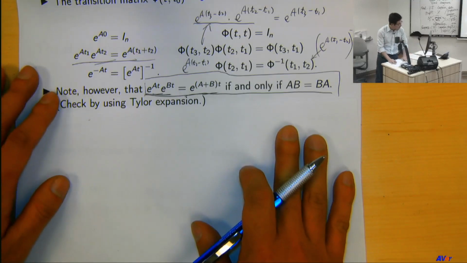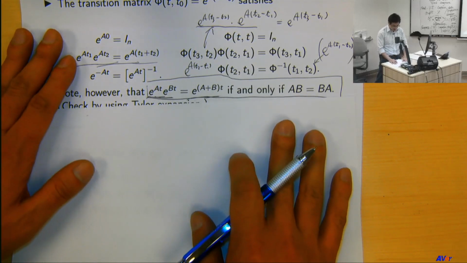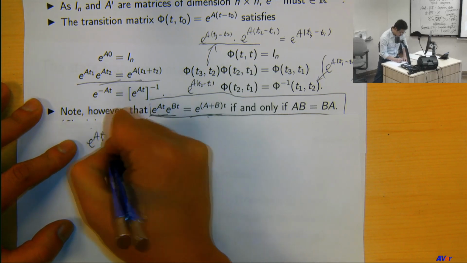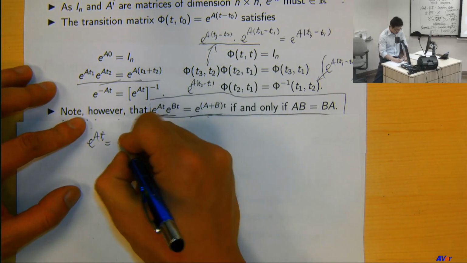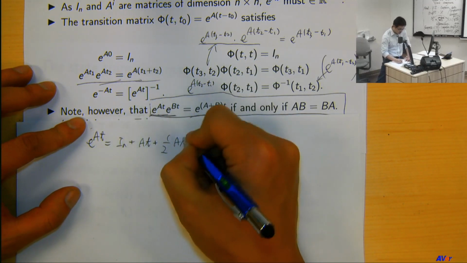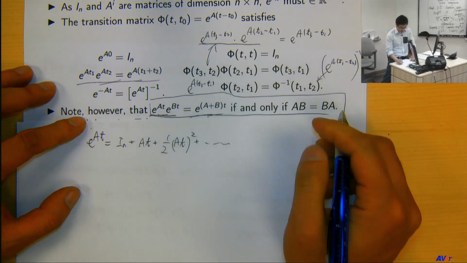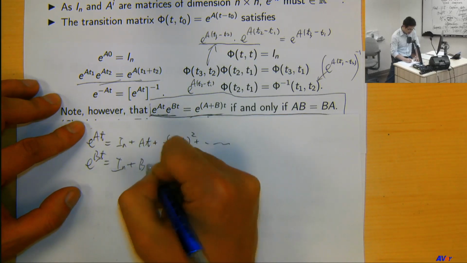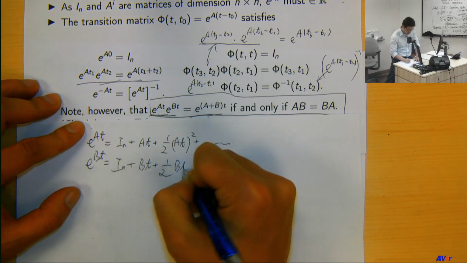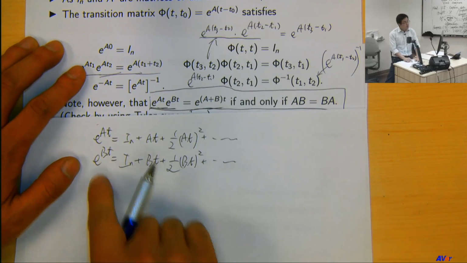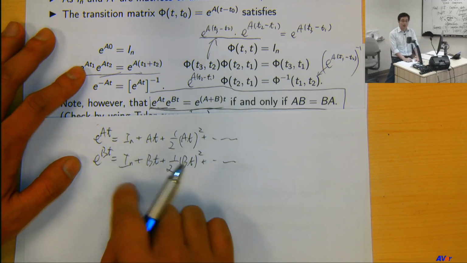Let's put this into perspective by checking what this really means. e^(A t), by definition, equals I plus A t plus half of (A t) squared, etc. And e^(B t) equals I plus B t plus half of (B t) squared, etc. So if you multiply them out, let's see what terms will appear.